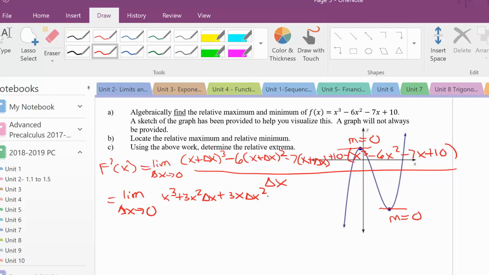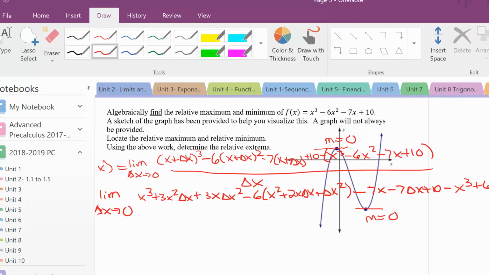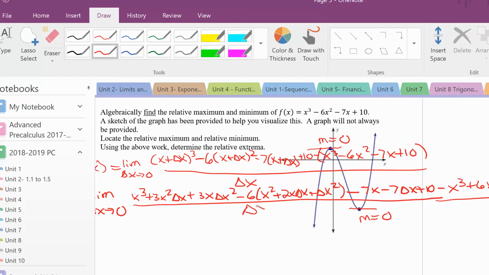Then you have to square this, so minus 6 times x squared plus 2x delta x plus delta x squared, minus, and then you distribute the 7, so it's 7x minus 7 delta x plus 10, and then we have to distribute the negative here, so minus x to the third plus 6x squared plus 7x minus 10, and all of it's over delta x.